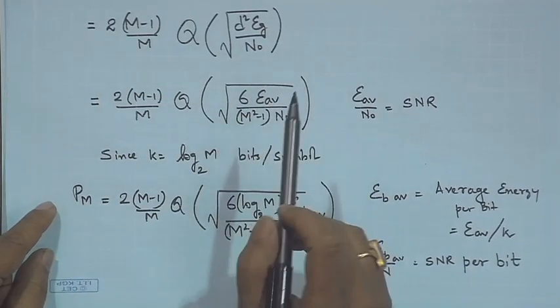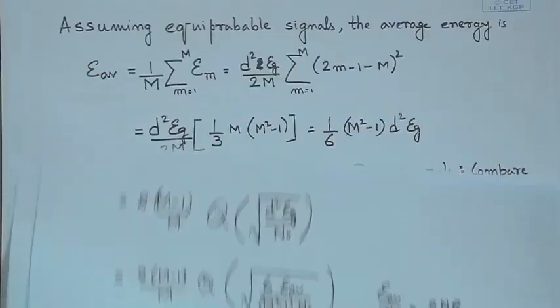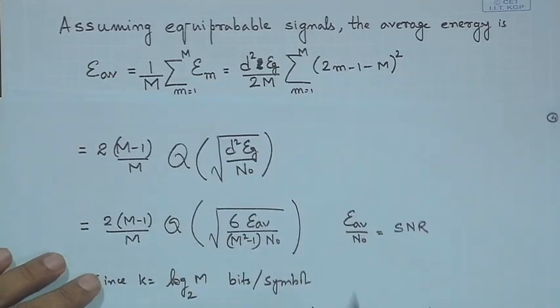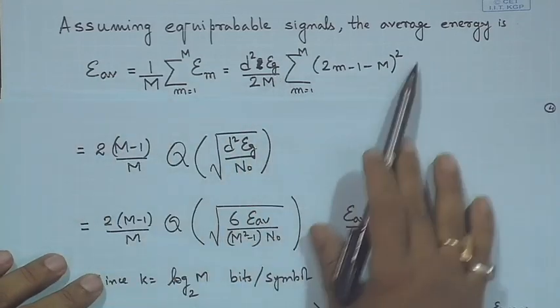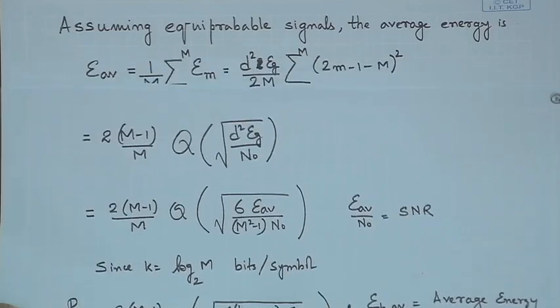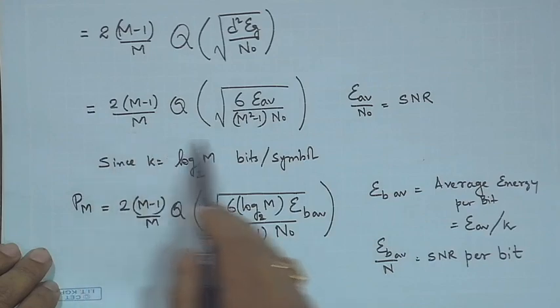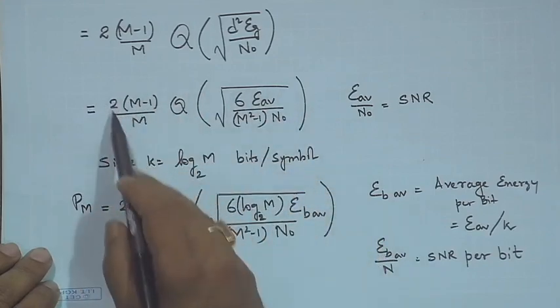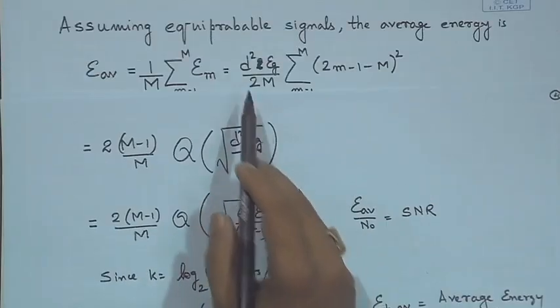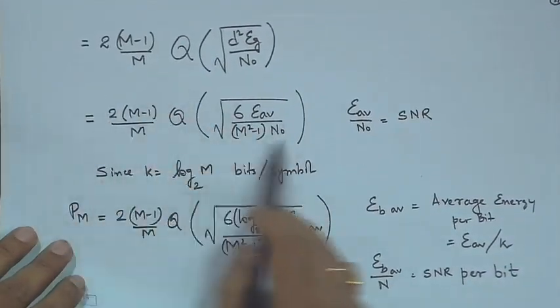Now, again evaluating with respect to the average signal energy which we have calculated here. So, d squared Eg, that is what we have like this. You can calculate this in terms of average energy, which looks like this, right. If you convert d squared Eg from this expression to the average energy, you are going to get an expression which looks like this.